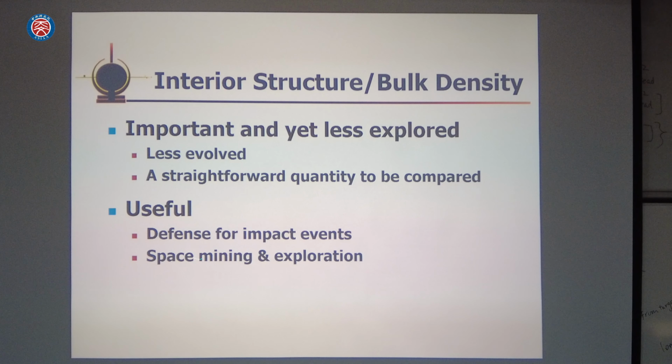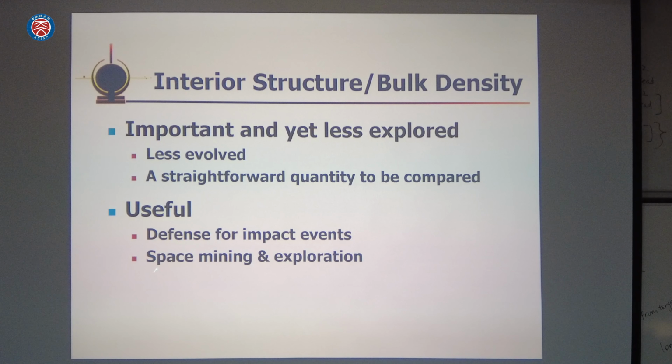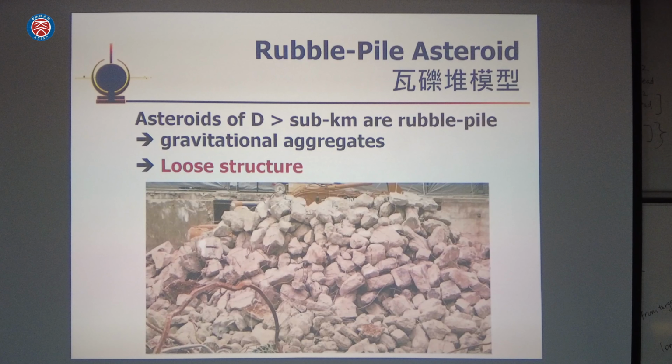So sometimes you need to know how to deal with it if an asteroid tries to attack Earth. Interior structure is very important information for that, and also for the idea of space mining and exploration.